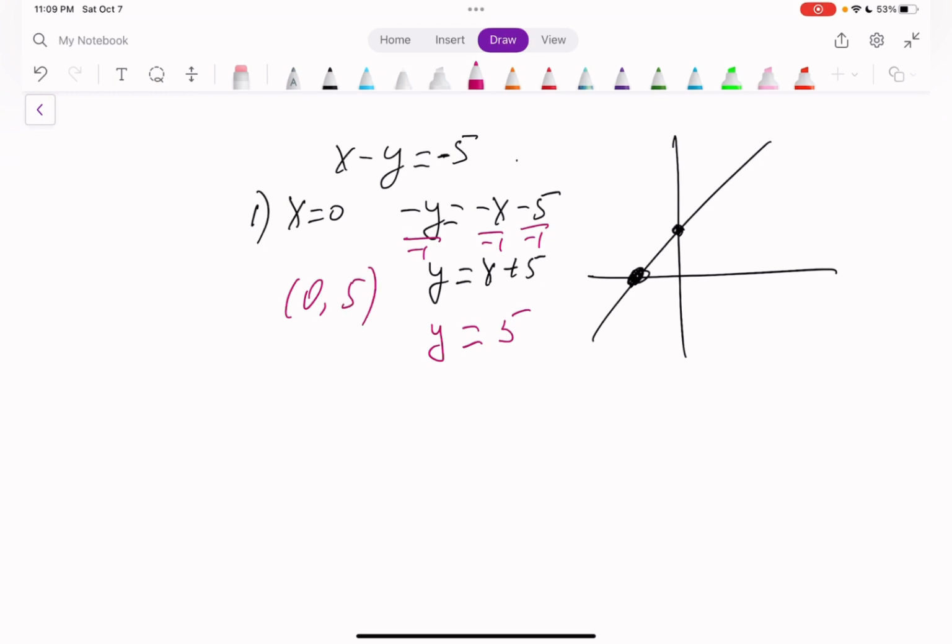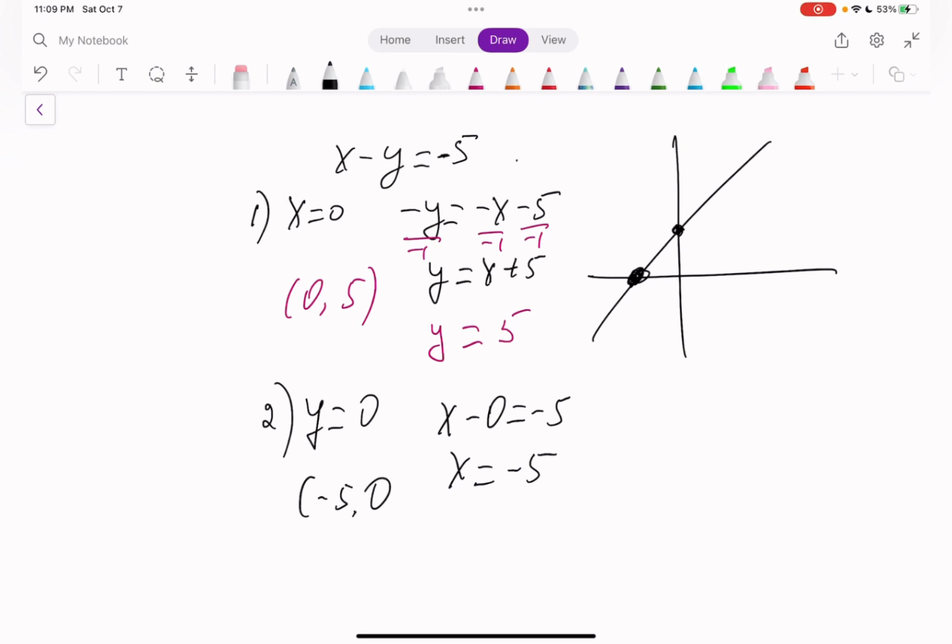So 0, 5. Number 2, when y is equal to 0, I'm going to have x minus 0 equal to negative 5. Here also you could plug in right away, so I just solved it to make it maybe easier for you to understand. And x is equal to negative 5. So it's going to be negative 5, comma, 0.